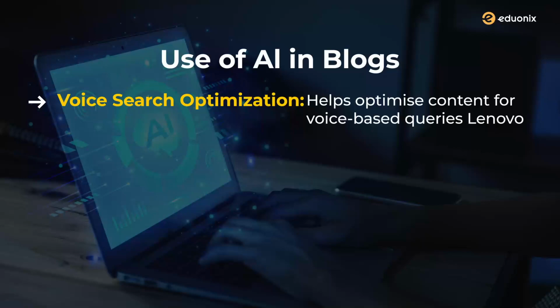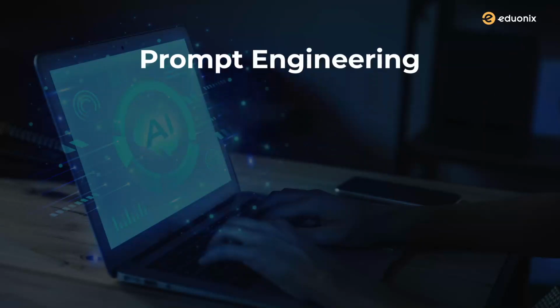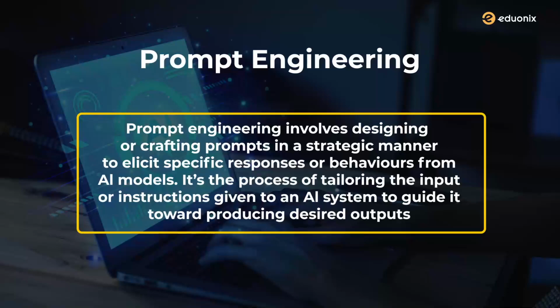Now, the question is, how do we do all of these things? How do we use AI for most of these situations? Well, you'll have to learn an art, and this art is what we call prompt engineering. Now, what is prompt engineering? This term might sound very heavy or a little complicated when you hear it.